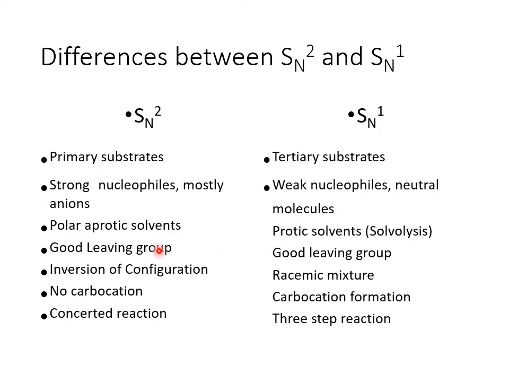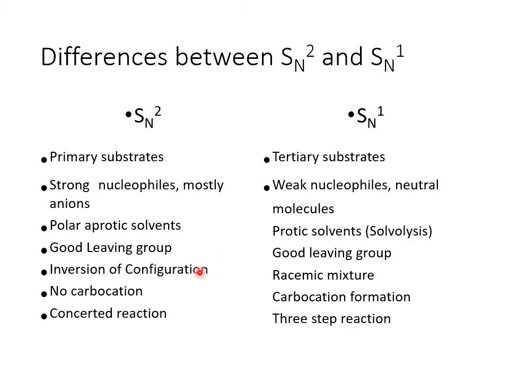SN2 reactions require a good leaving group. You'll see a table in your textbook or wherever that shows you which ones are good leaving groups, right? But this one also requires a good leaving group as well. In fact, I think this one even probably requires it more so than the SN2 reaction.